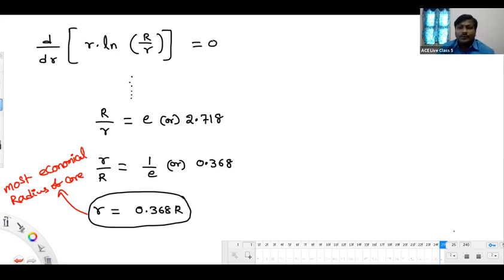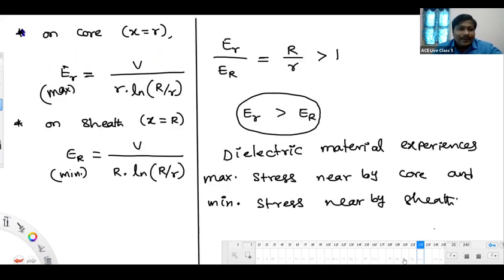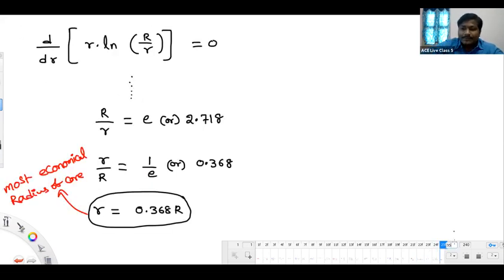Now, please listen. With this most economical radius of core, you find out what is the electric field intensity on the core surface, and what is the electric field intensity on the sheath. Okay, simple. Let me write.